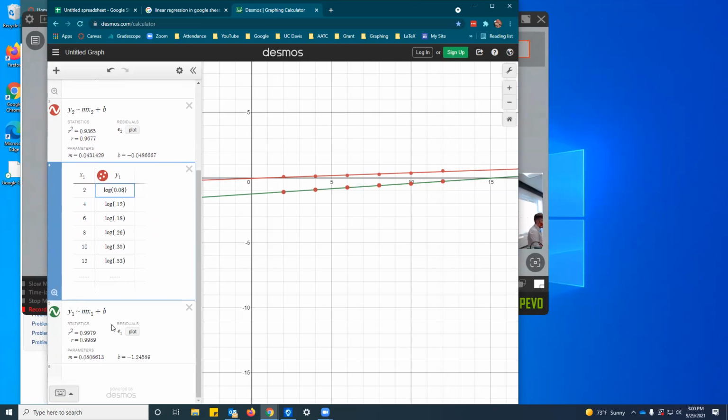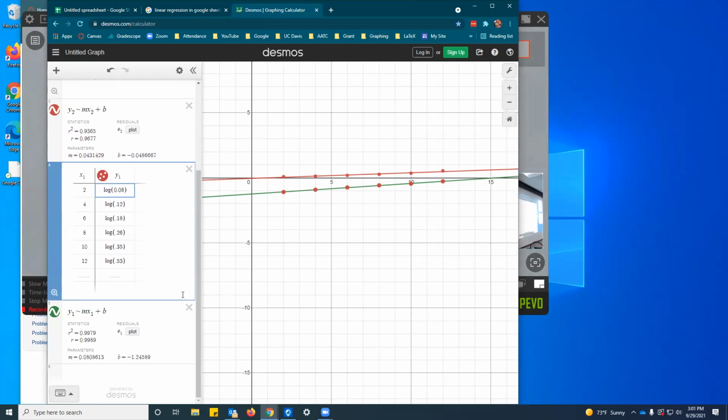Okay, now, here's the thing to know. If semi-log is what it's going to end up being, that means the original functional relationship it came from was an exponential relationship. So what you can do, instead of doing all of this work, is the following.